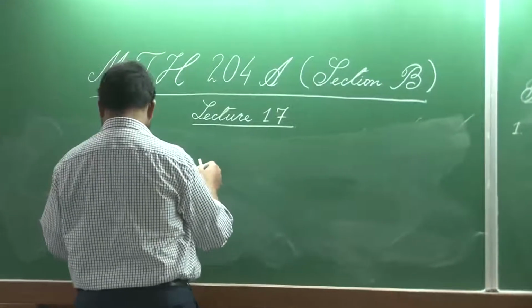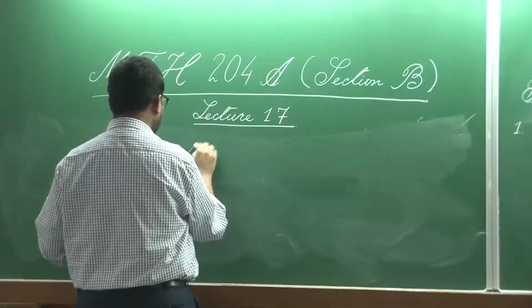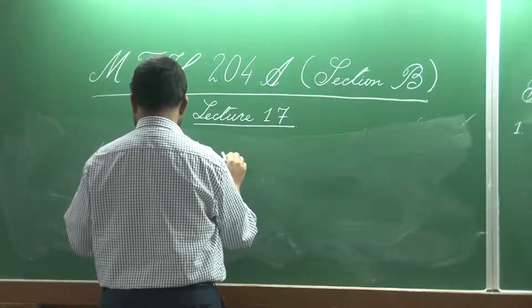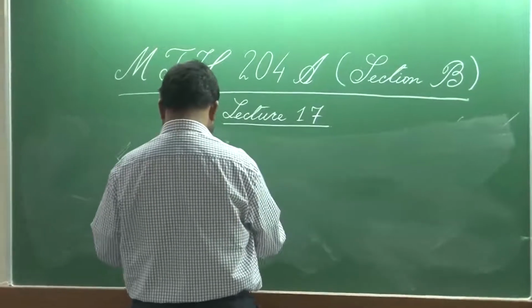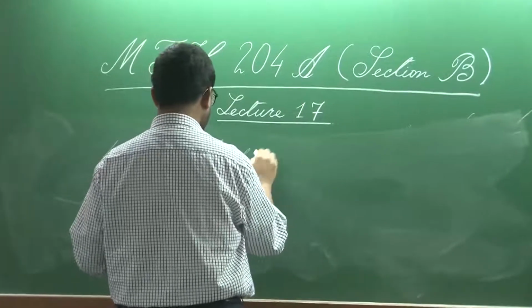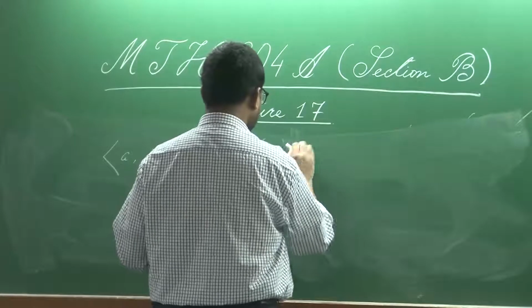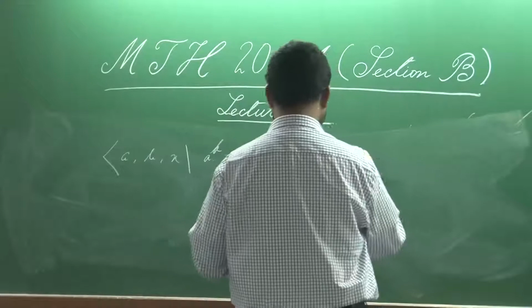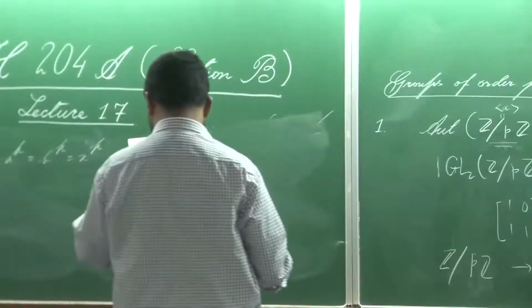So in this case, of course, a to the power p equals b to the power p equals x to the power p, they are identity, and with that A and B of course have to commute.